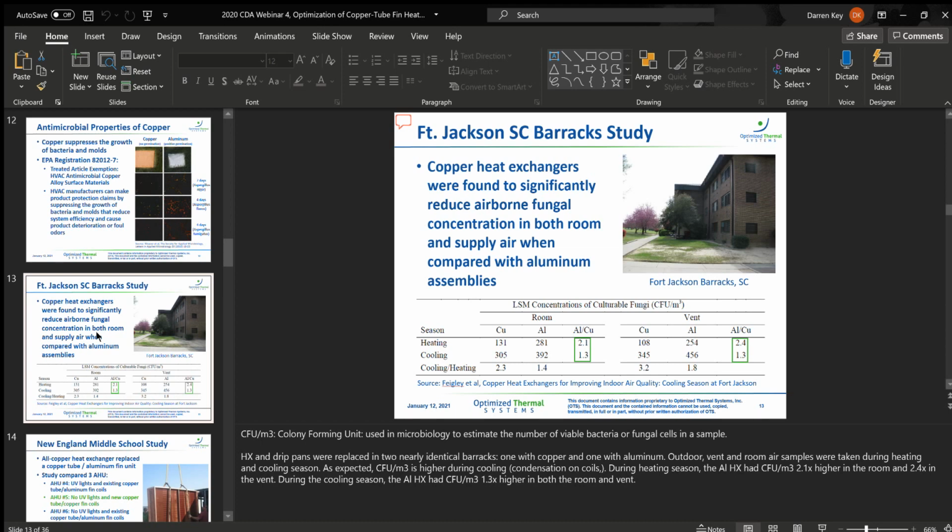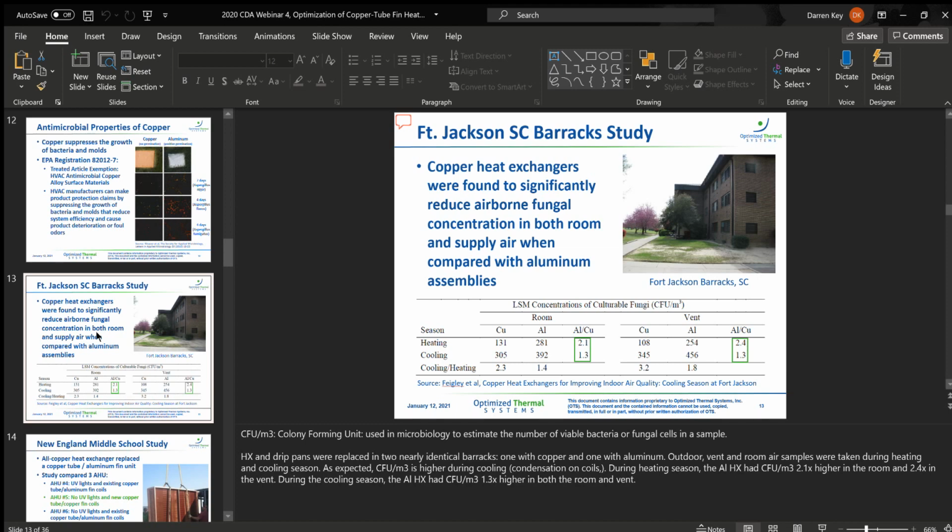The first will be the Fort Jackson, South Carolina barracks study. Sorry, this is case studies for the antimicrobial effects of copper heat exchangers. In this study, in nearly identical barracks, the heat exchangers and drip pans were replaced in both barracks.